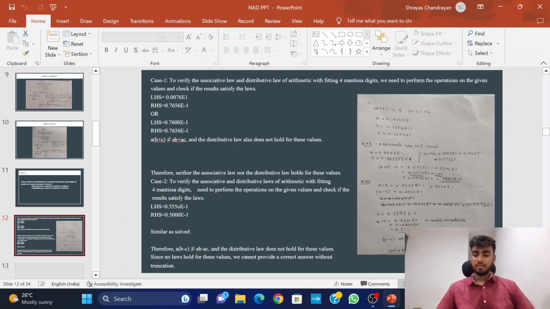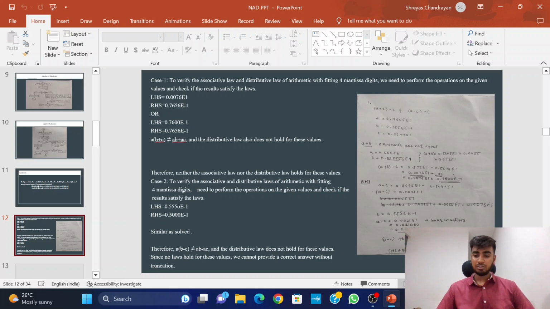First, we will take the values of a, b and c, where exponents of a and b are not equal. Here a is equal to 0.5665 e1 and b is equal to 0.005556 e1.